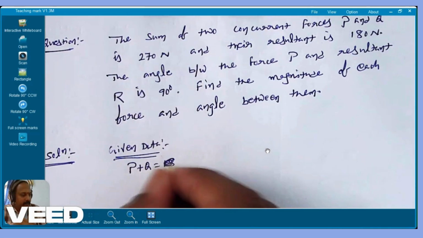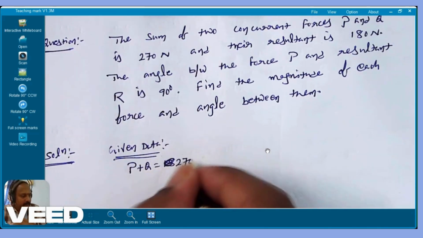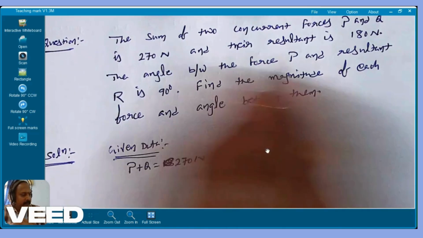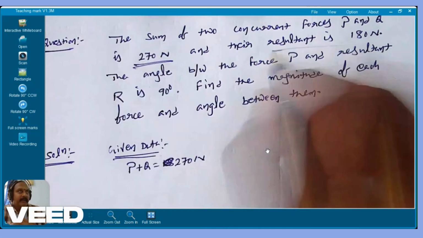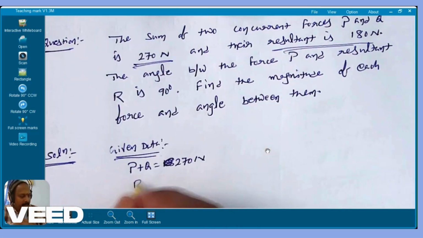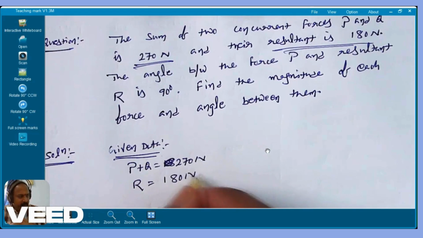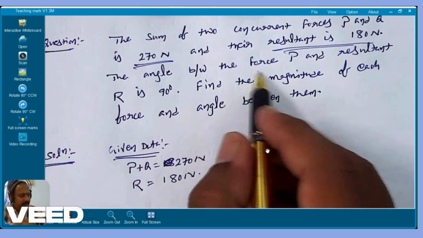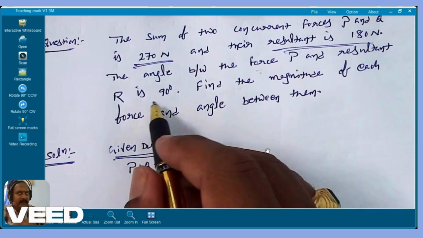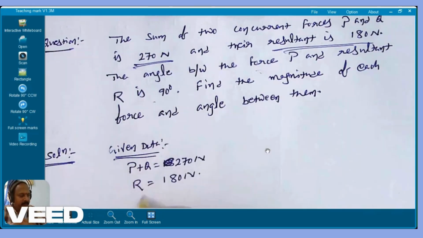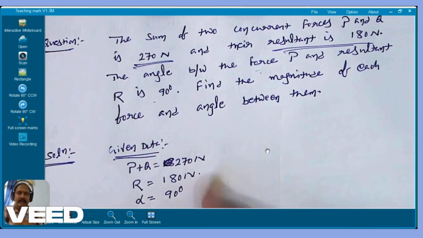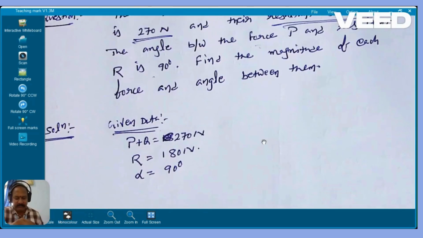So P plus Q is 270 Newton. And the resultant R is 180 Newton. And the angle between the force P and the resultant R is 90 degrees, which we'll take as alpha. So alpha is equal to 90 degrees. So this is the given data.